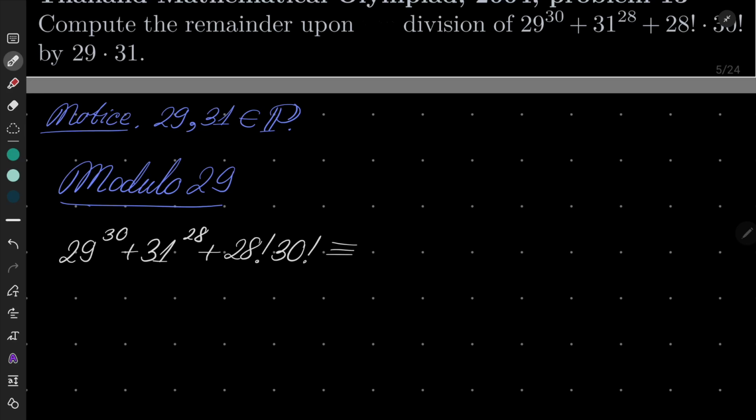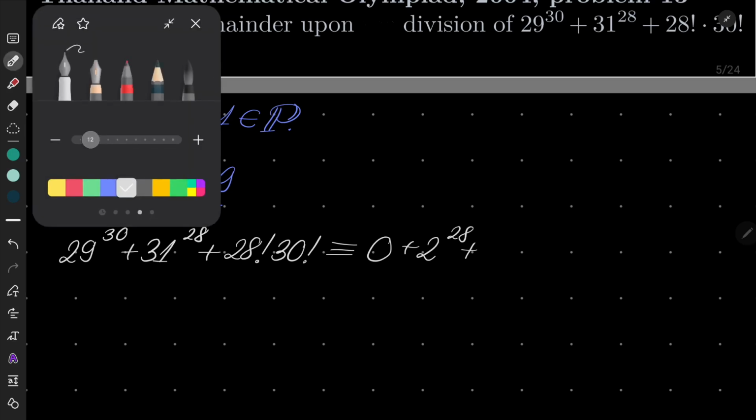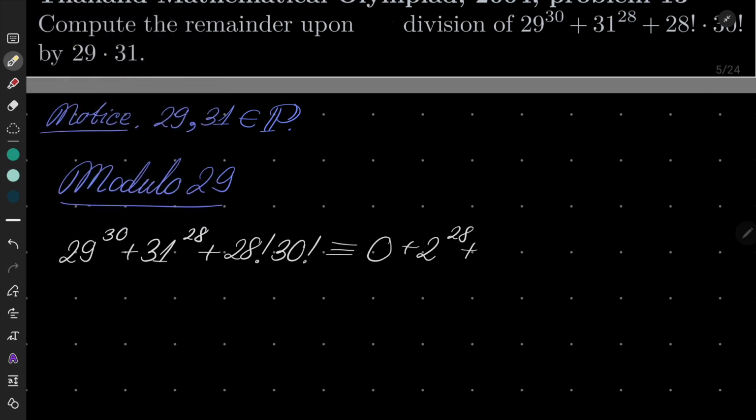Well, 29 is congruent to 0 modulo 29, 31 is congruent to 2, to the power 28. And finally, let's notice that in 30 factorial, this number is 28 factorial times 29 times 30, and 29 appears in the factorization, so that's also congruent to 0.